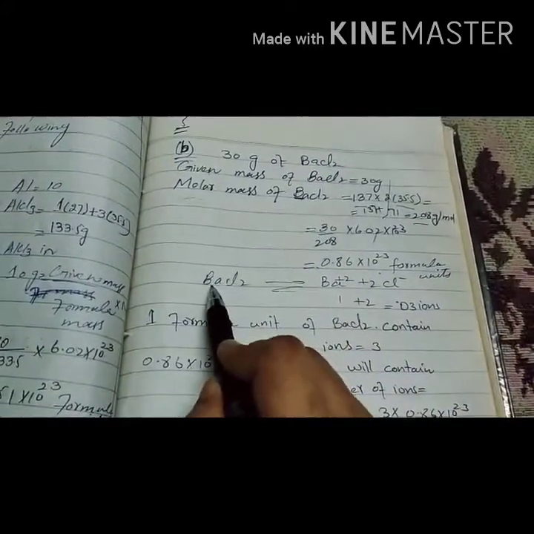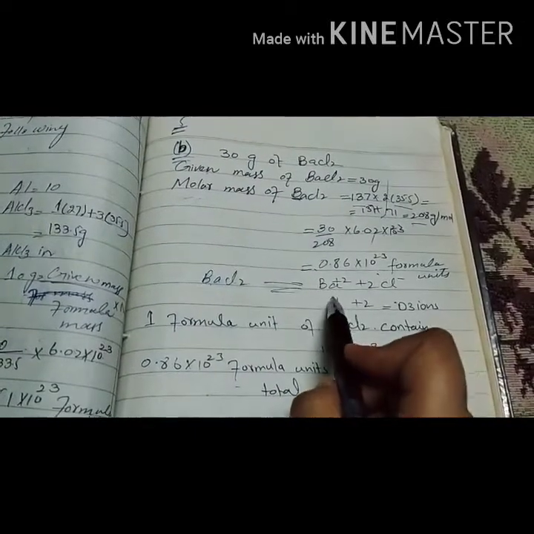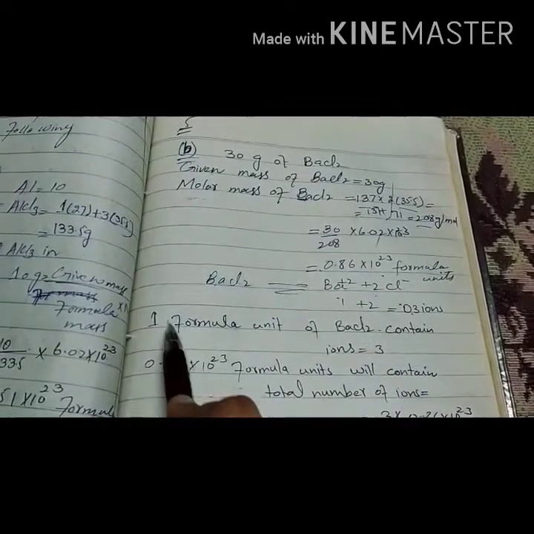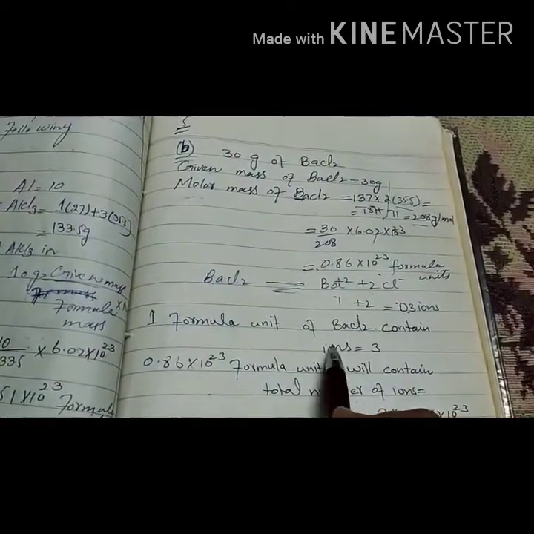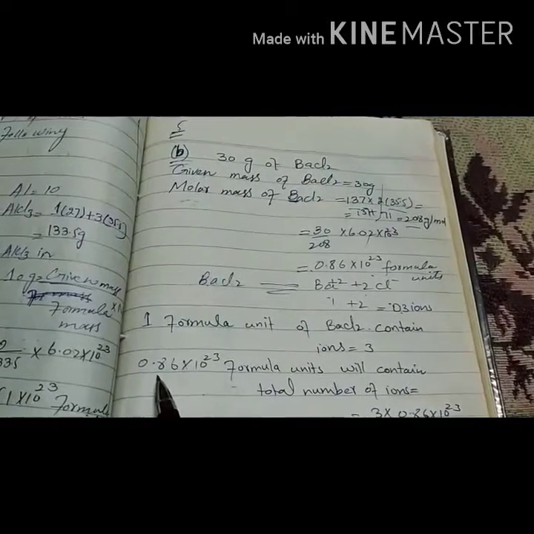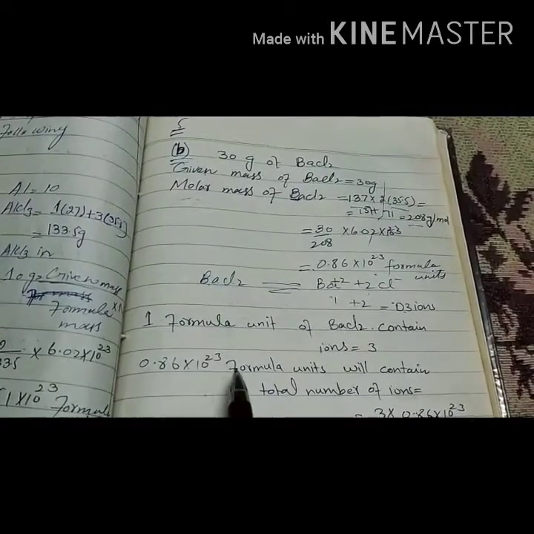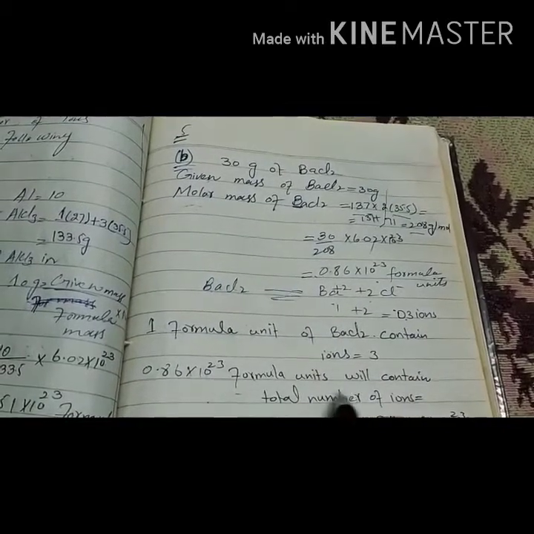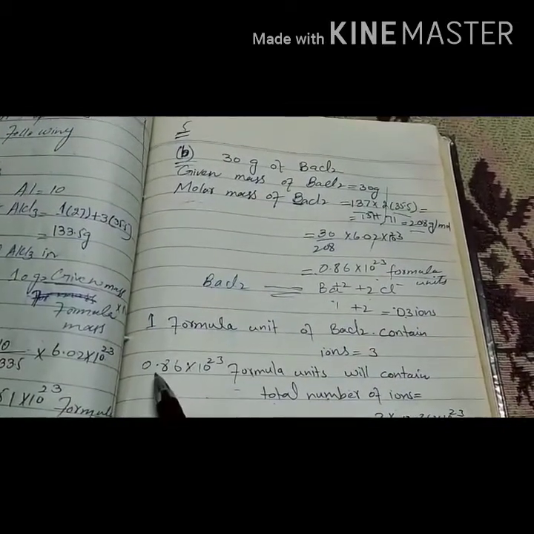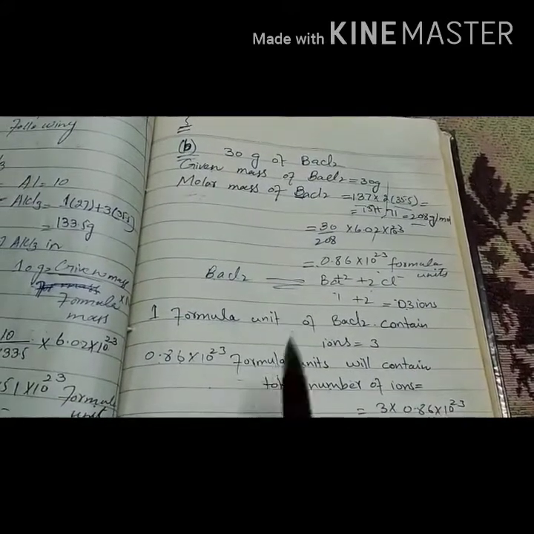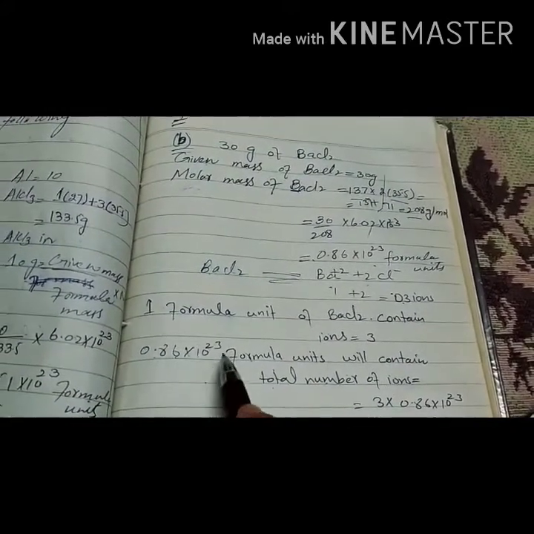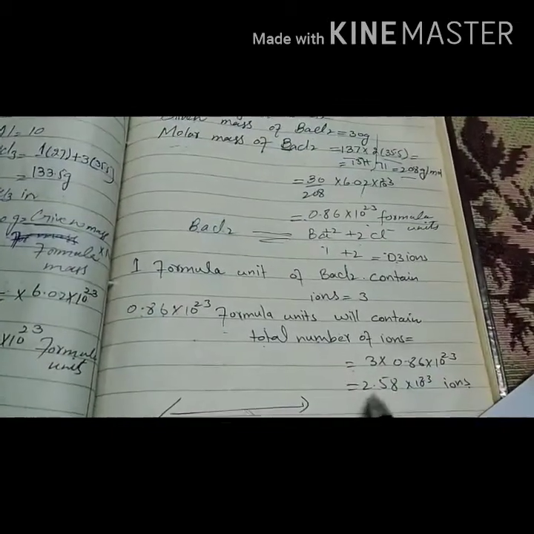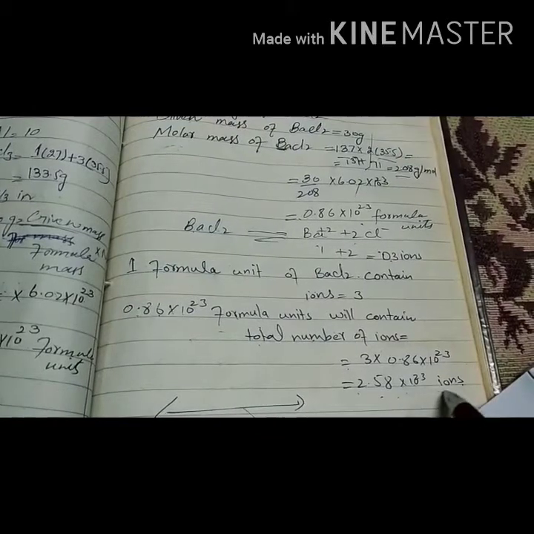And we know that barium chloride contain 1 barium and 2 chloride ions, which equal to 3 ions. So 1 formula unit of barium chloride contain ions 3, and again same procedure, we divide 0.86 10 raised 23 formula units will contain total number of ions, and we will divide 0.86 10 raised 23 with 3, which is the number of ions, and the answer will be 2.58 multiply 10 raised 23 ions.